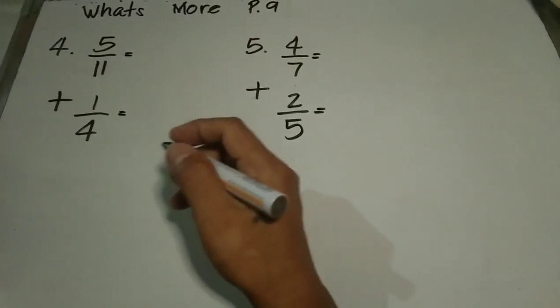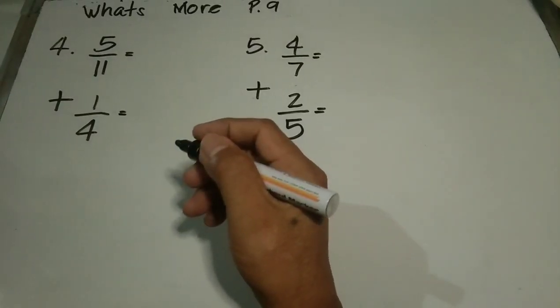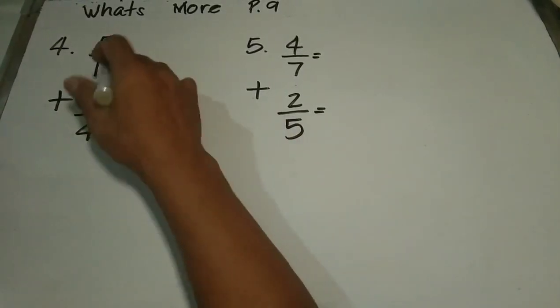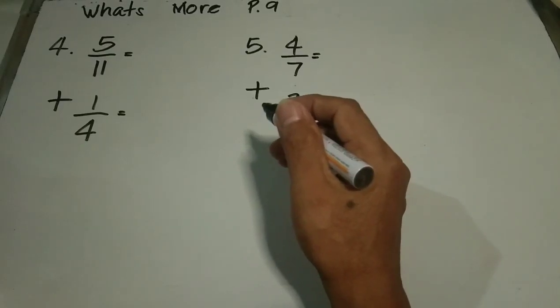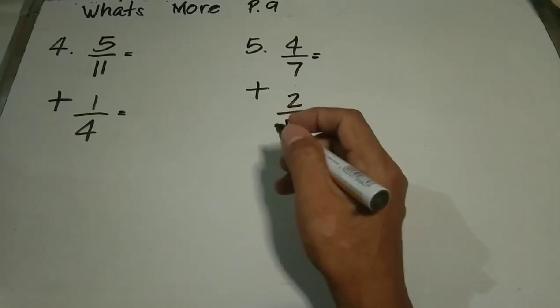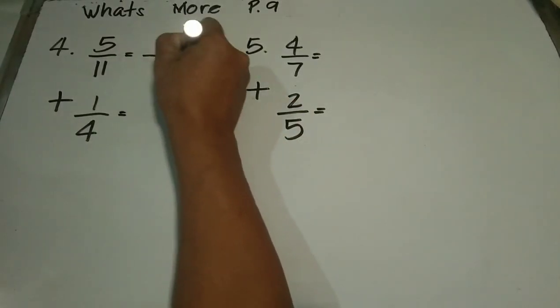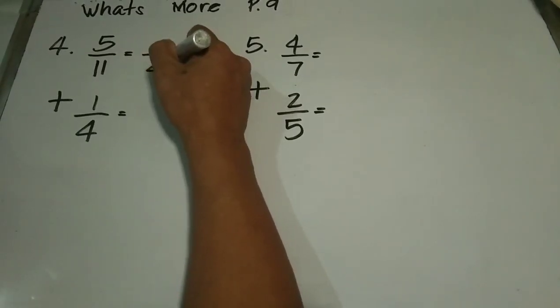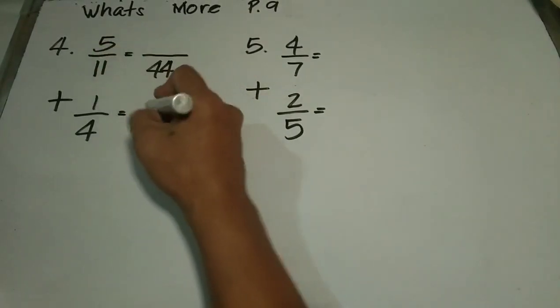Okay, let's go to number 4. 5/11 plus 1/4. So one of the denominators is a prime number, so we will multiply right away. 11 times 4 is 44.